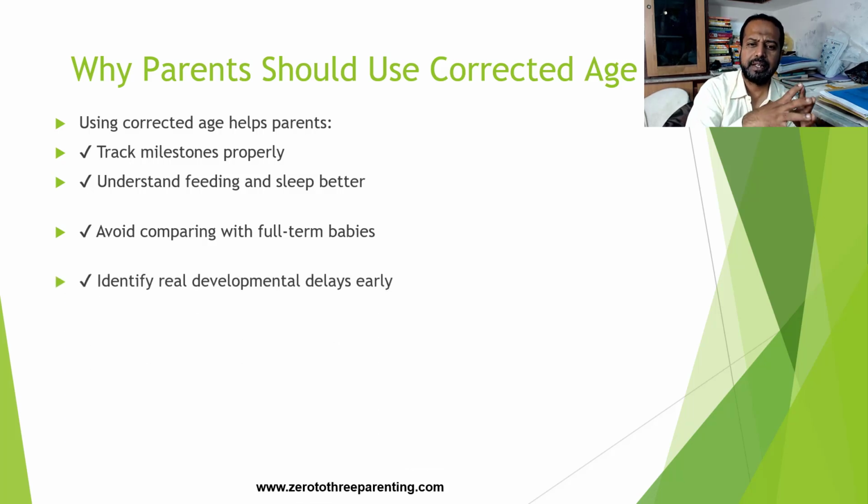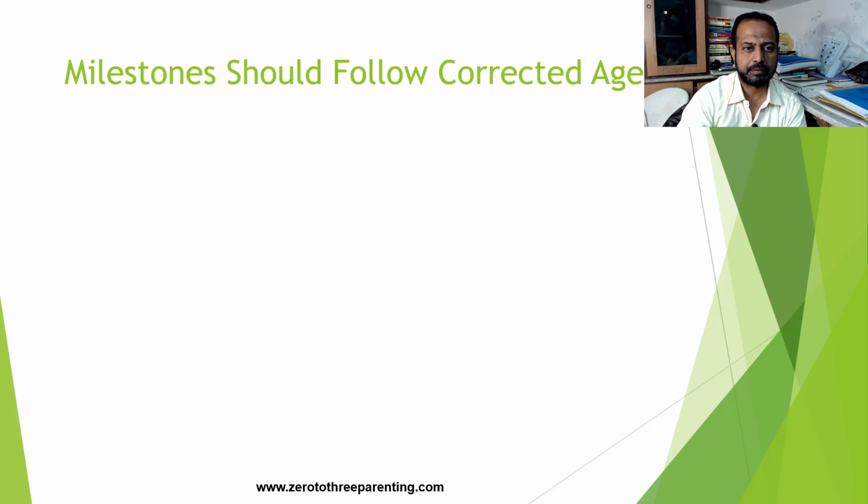Identify real delays early. In this example, the child's corrected age is 4 months. If the child is not able to perform the 4 months activities, then you have to meet a pediatrician or early interventionist for support.